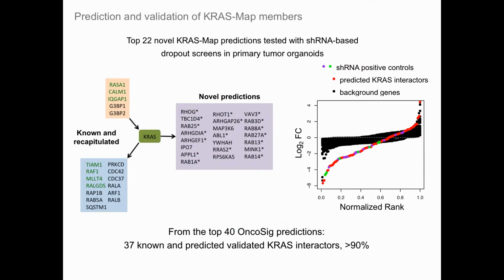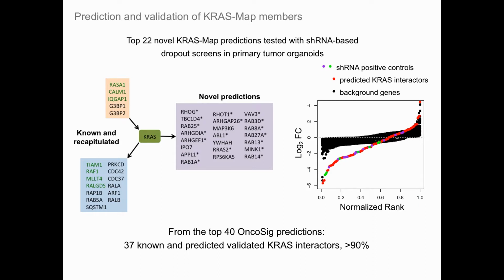We've tested some of our predictions on KRAS with Andrea Sweet-Cordero at Stanford. These experiments are done in organoids associated with lung cancer, and these are predictions. We come up with 40 or so novel predictions.